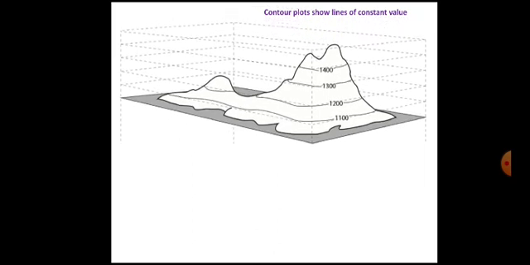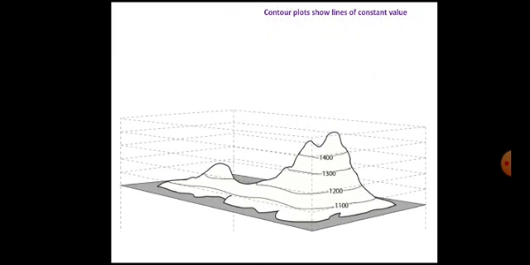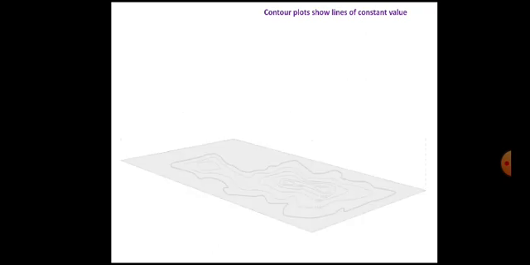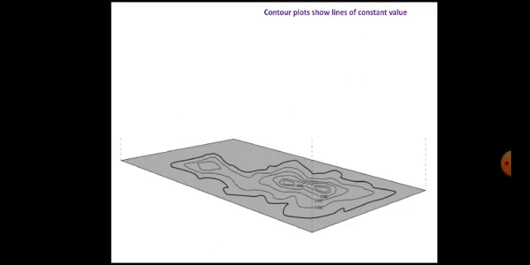So all the points having a height of 1400 are joined to form a contour line. If the replica of this, which is three-dimensional, is taken on a two-dimensional paper or picture, it will be like this. It will be the reflection of that height, where we can see the areas of high altitude as small circles, and lower altitudes as big circles.